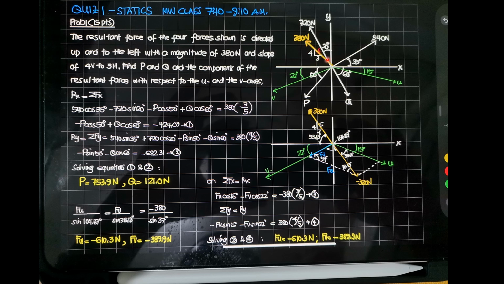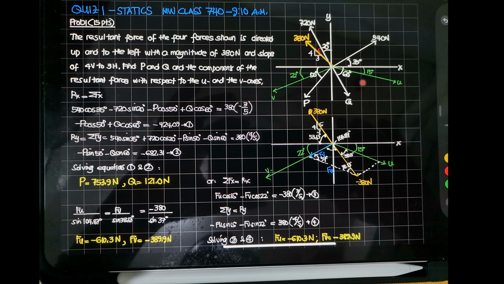This resultant is equivalent to the sum of the four given forces. The second part is to resolve this 380 newton force along the U and V axis. It's obvious that the components of this resultant along the U and V axis would be negative.